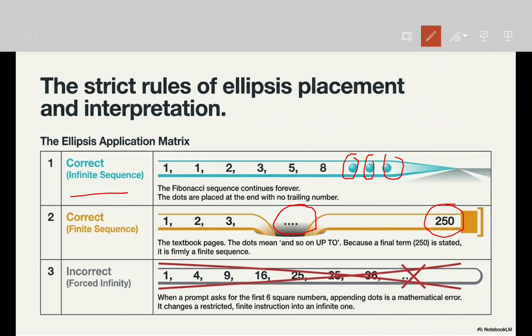But if the question says the first 6, after you get here, you don't have to add the dots, because it is saying the first 4, the first 5, the first 10. These are finite sequences. So do not add the dots to them.